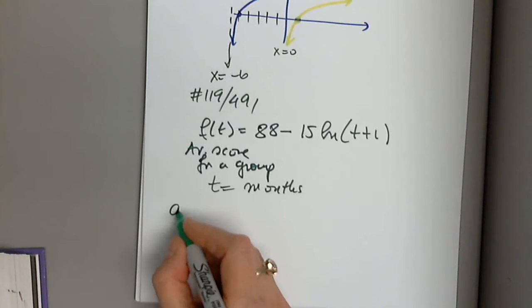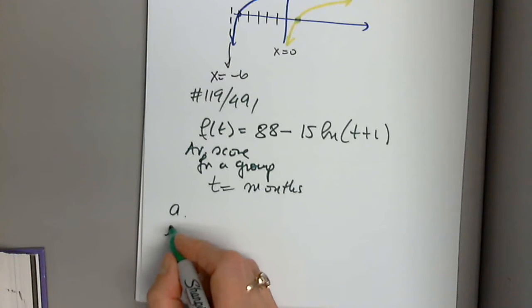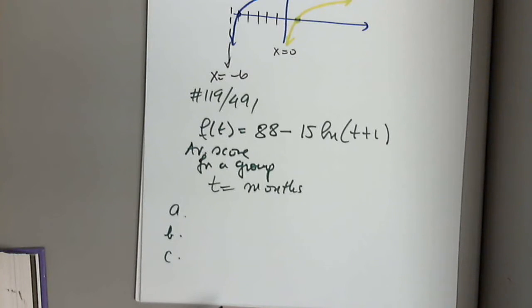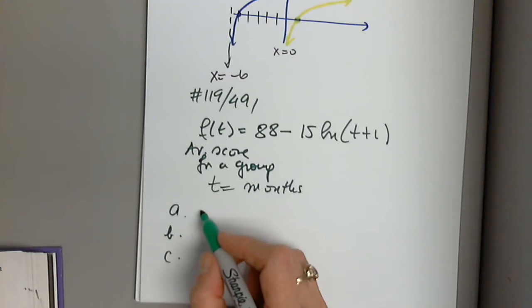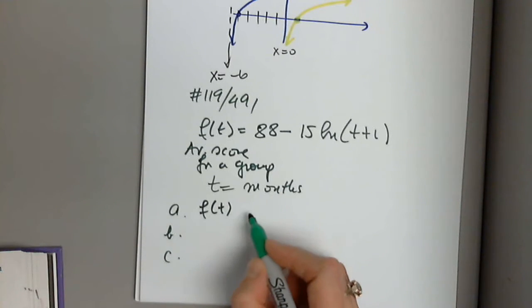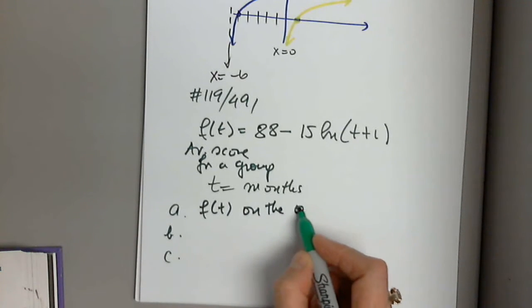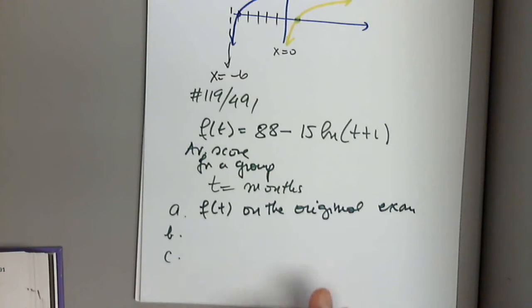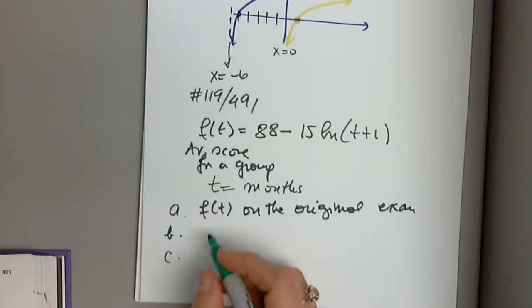We're asked 3 questions, A, B, and C. What was the average score on the original exam, f of t on the original exam? I'm copying the problem so I can get rid of the book.